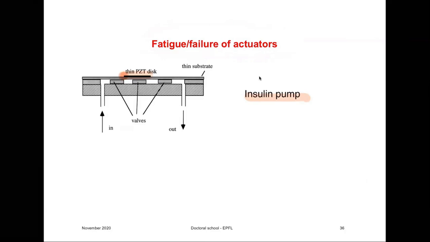You put it on a thin substrate, such as quartz glass, and then you have a silicon substrate, which I cannot show you exactly how it looks like, but it is micromachined in such a way that by applying force or applying voltage on this piezoelectric disc, you will be opening some valves and closing others, and that would cause liquid to be pumped in and pumped out of this structure and deliver insulin in nanoliters, during the day.